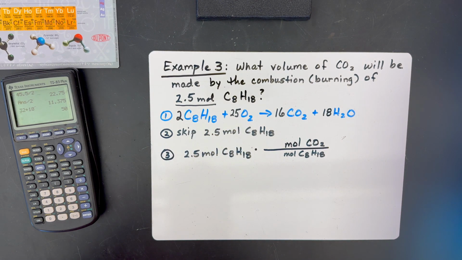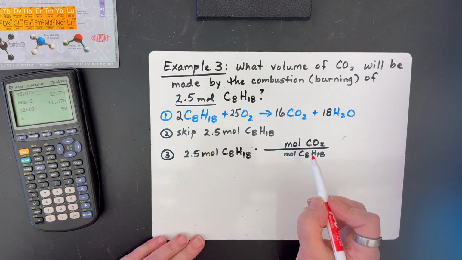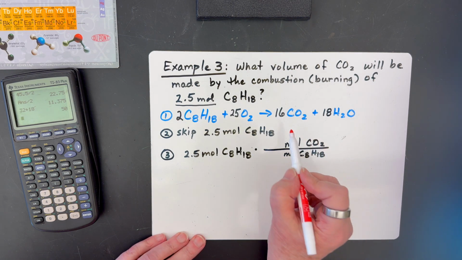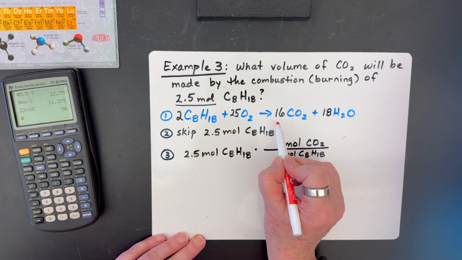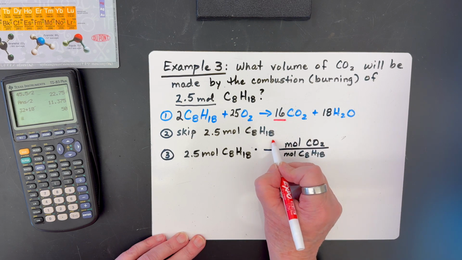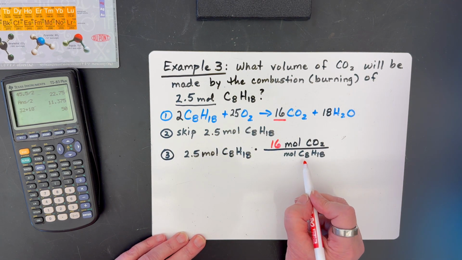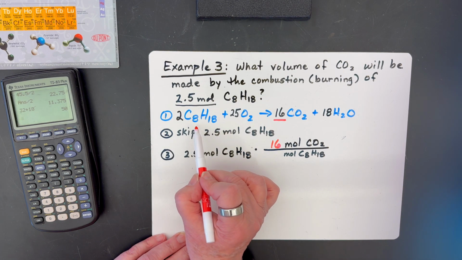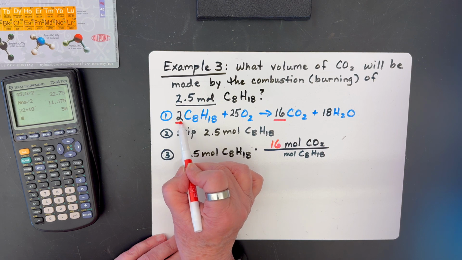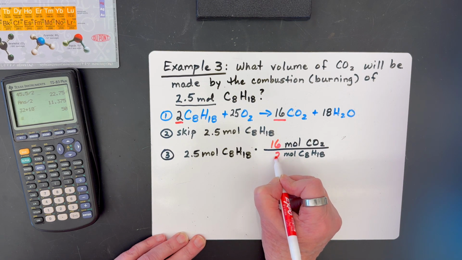Now we go to our balanced equation to find what numbers go in front. So in front of our CO2 on top, we find CO2, and there's a 16 in front of that. For our bottom, we have our octane. So we're going to go to our equation, find octane. There's a 2 there.